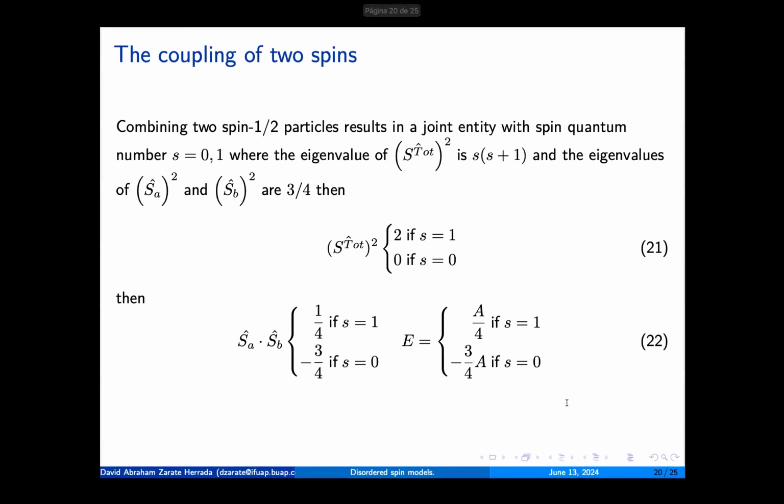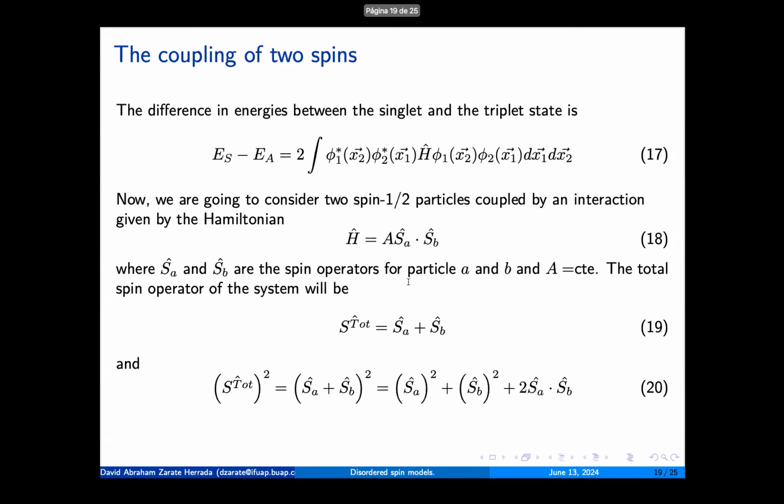We know that the eigenvalue for this operator is S times S plus 1, so we have two eigenvalues: equal to 2 if S is equal to 1, and 0 if S is equal to 0. And the eigenenergy for this operator is this, and this for this Hamiltonian.